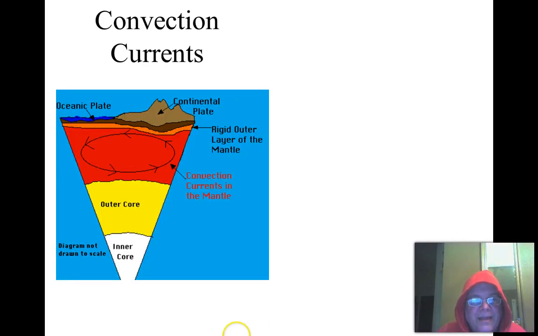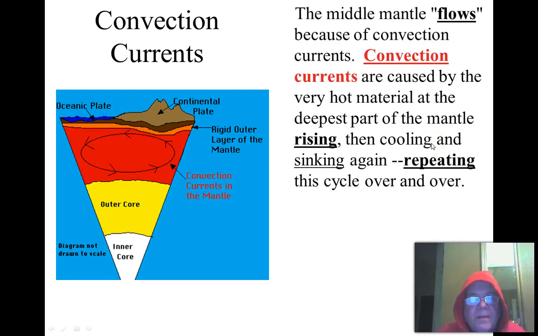Okay, the way you get that is that it heats up, becomes less dense and goes to the top, cools down, becomes more dense, goes to the bottom, heats up, goes like that. So this is turning all the time, and the plate on the top is moving with it. So the mantle basically flows because of that convection current, the heating up and cooling down. And so it rises and sinks, and rises and sinks, and it just repeats all over. And as it does it, it takes that plate with it, moves it. Doesn't move it much, but it moves it.